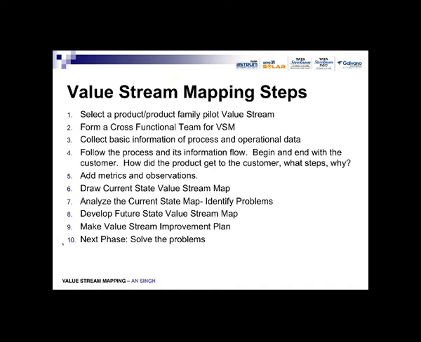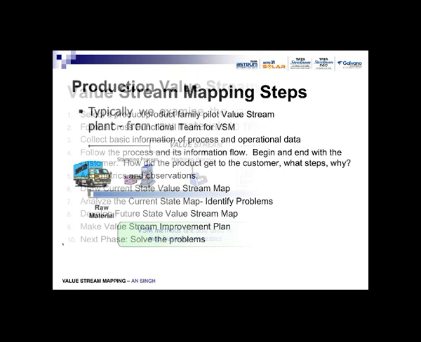In fact, we call it a blueprint for the process improvement. That is the ultimate outcome of the value stream map, which has to be implemented to solve all the problems. That is the second phase of the improvement journey.